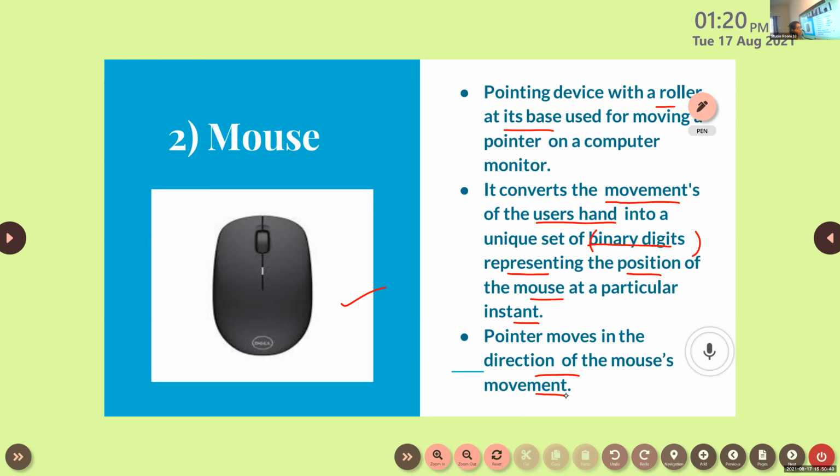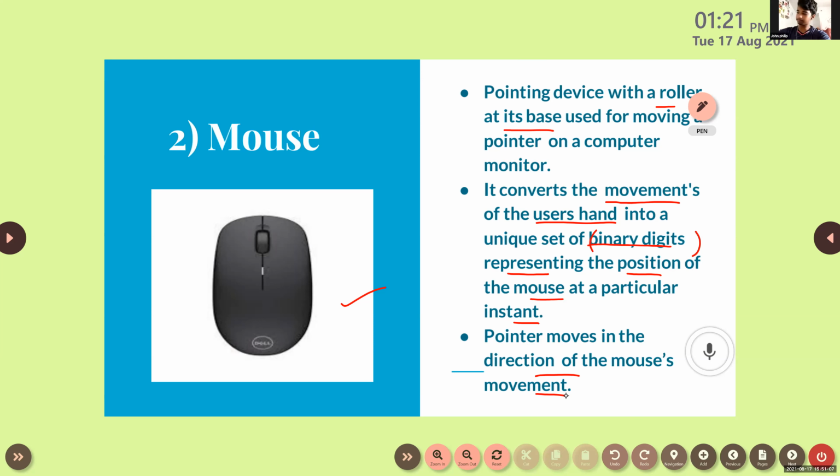It is a pointing device. It converts our movements into binary digits, which represent the position of the mouse at a particular instant. Is that clear? The pointer's movement depends upon the mouse movement, isn't it? As we move the mouse, the pointer also moves accordingly, right?